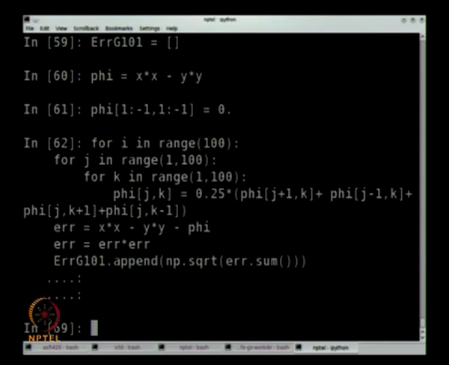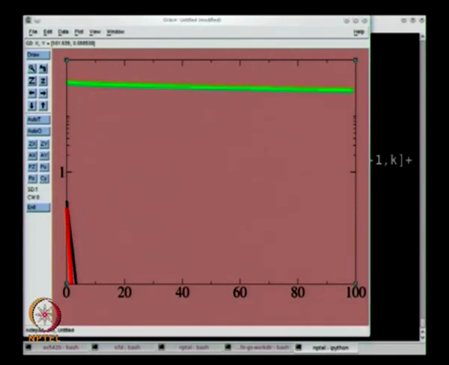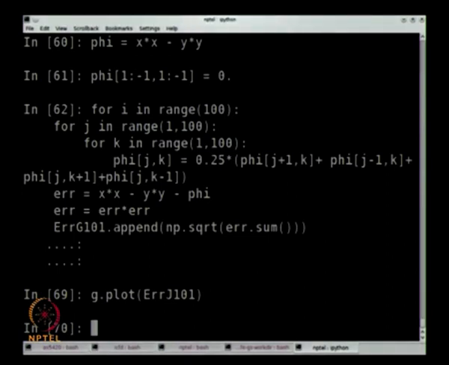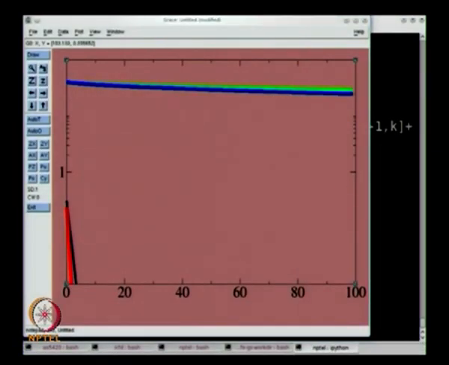Okay, so G dot plot ERRJ101. Data has non-positive values. What happened? Let's try ERRG. Maybe I made a mistake somewhere. Yeah, both have non-positive values.